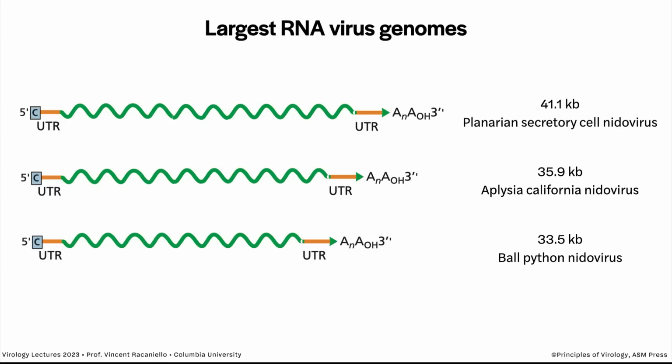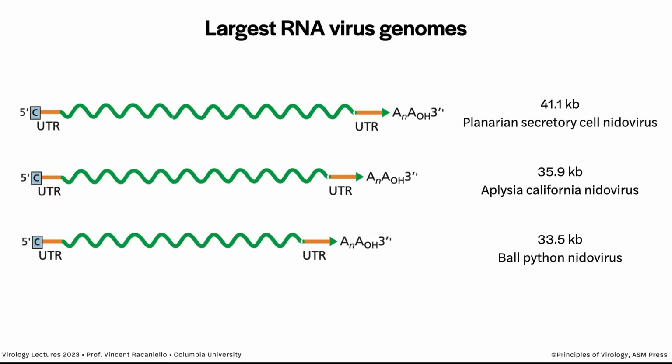The largest RNA virus genomes don't even come close. The biggest one that we know of is 41,000 bases of plus-stranded, single-stranded RNA. It's from a virus that infects planaria. You probably remember planaria from high school biology, the little creatures that you could cut and they would regenerate.